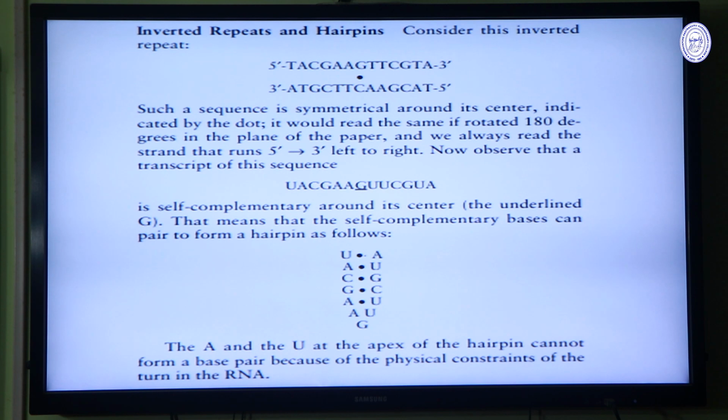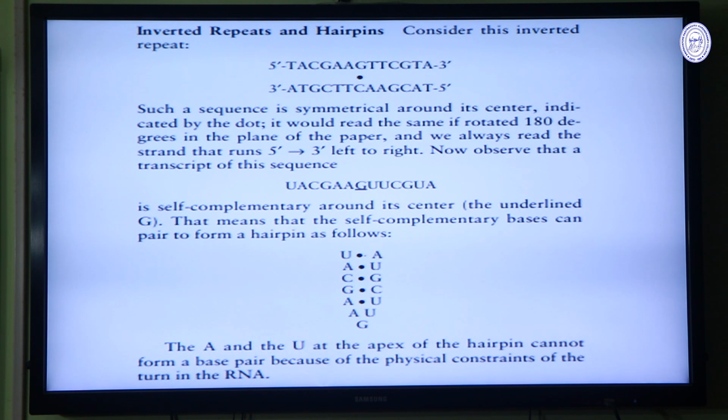picture. Inverted repeats: if we see the sequence from 5 prime to 3 prime, TACGAAG, TTCGTA, 5 prime to 3 prime. What nucleotide is present at the center? It is the G, which forms a hydrogen bond with the C. If you read the sequence of both strands from the 5 prime end, the sequence will be the same flanking the center base.